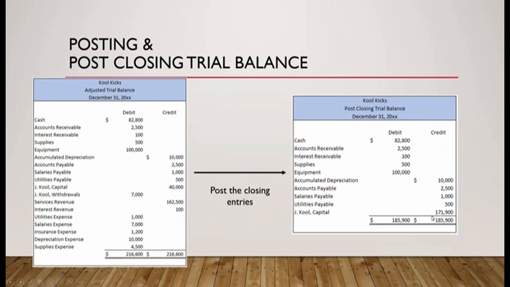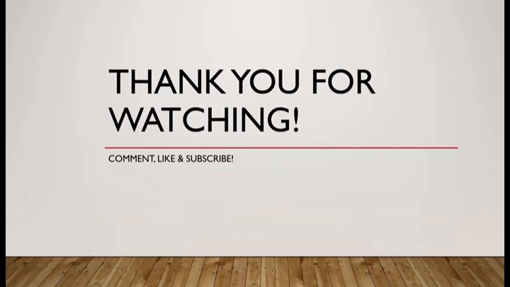So the only number that changes here is the capital amount. On the post-closing trial balance, this should only include our permanent accounts, our assets, our liabilities, and that one equity, J. Cool Capital. Once we're done with the post-closing trial balance, the accounting cycle is complete, and we're ready to start the process all over again.